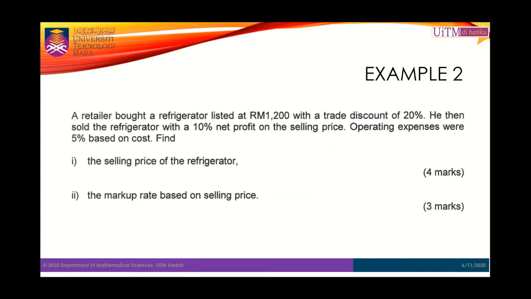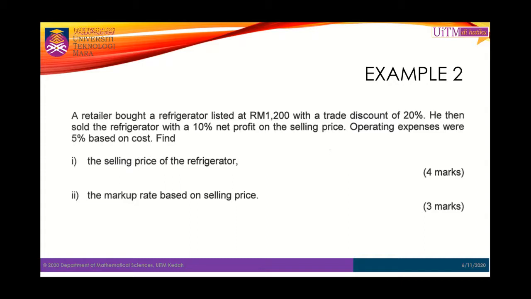Okay, so the next one is a question related to buying a refrigerator. In this case, you have to be very careful. Let me give you some ideas on what to be careful with in this kind of question. It says here that a retailer bought a refrigerator listed at 1,200 with a trade discount of 20%.